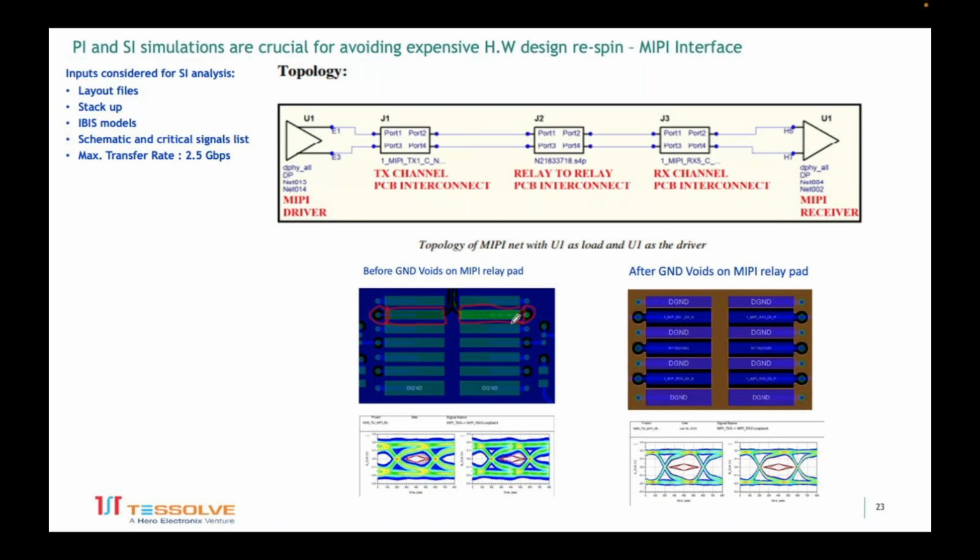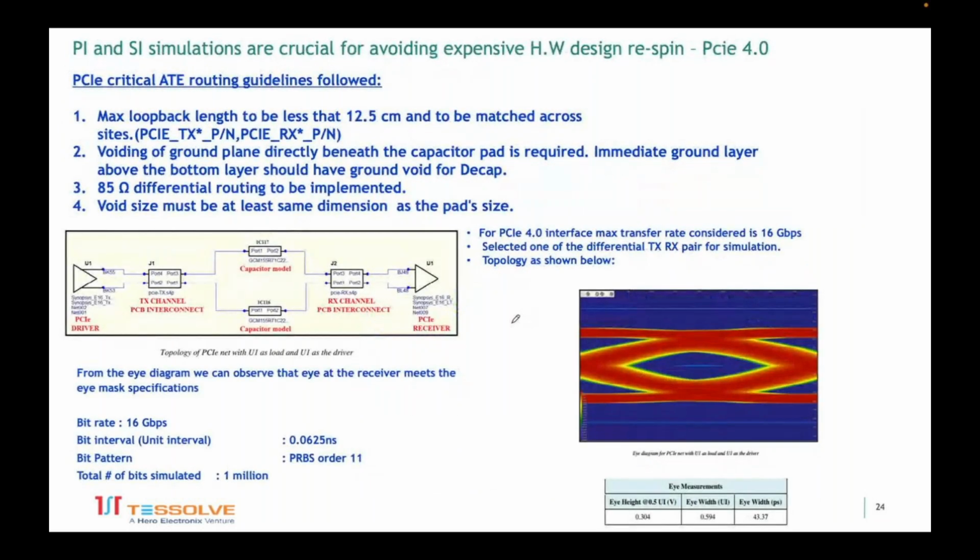So, in other words, the reason why I'm saying PA and SI is so critical is that we shouldn't skip this, and we should thoroughly check not just sample one path, but all the critical paths need to be evaluated. That will become more workload for the simulation activity, and hence the cost of designing the hardware will be high too. And similarly, for PCA, those kinds of things, you need to look at the actual model.